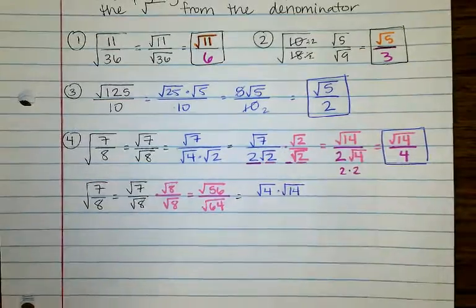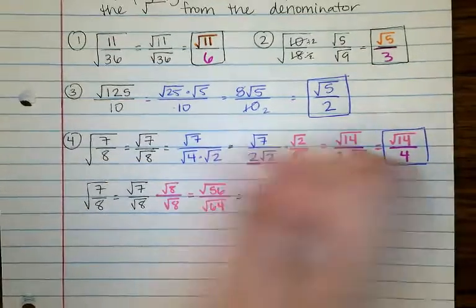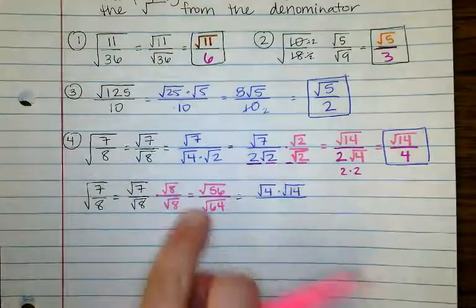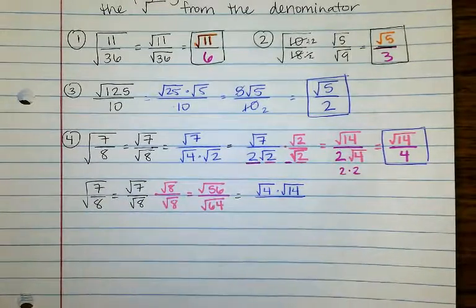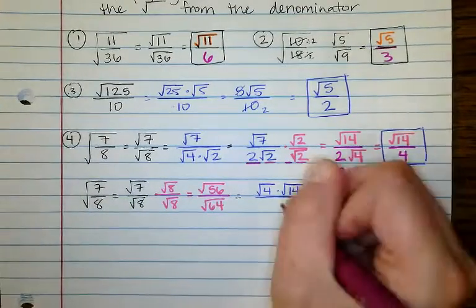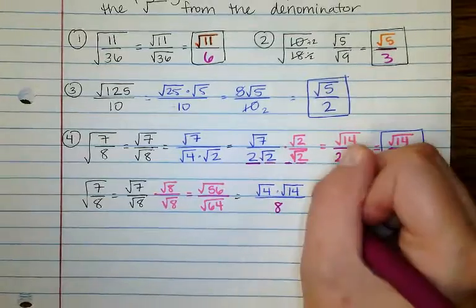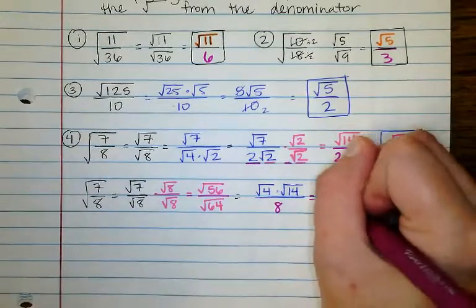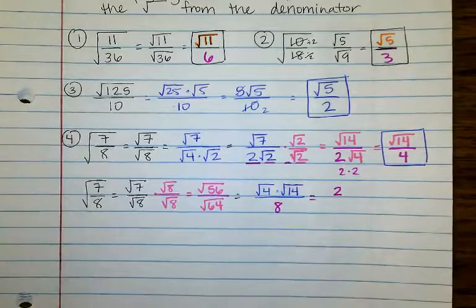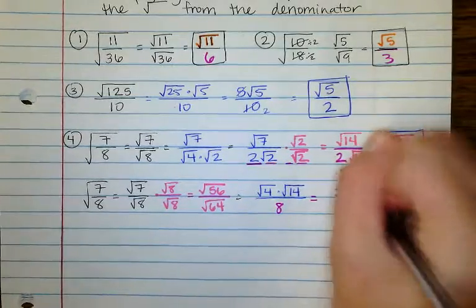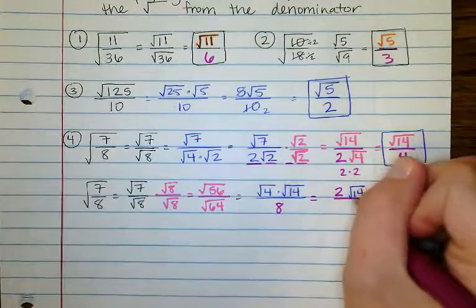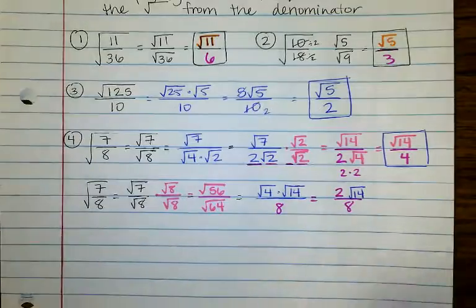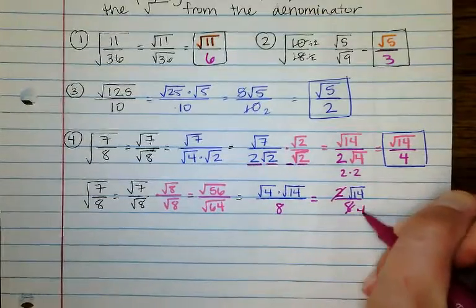And that would have simplified into 2 times the square root of 14 over 8. And this would have reduced down to 4. So we still would have ended up with the exact same answer, the square root of 14 over 4.